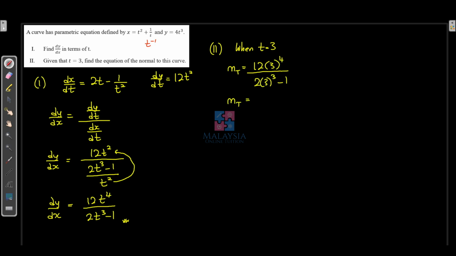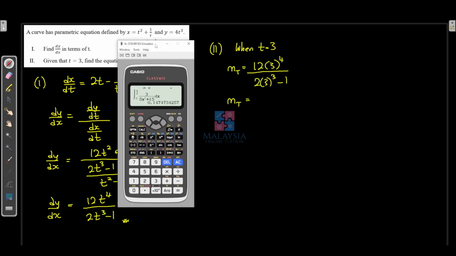So what is this? 12 times 3 to the power of 4 divided by 3 cubed is 27, 54 minus 1. So we get 972 over 53.